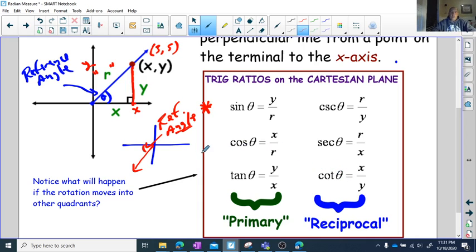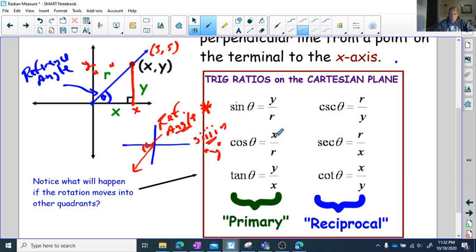I do have a little memory device that I've been using for years to keep track of this. If I say the word sine, psi, and drag out that middle part, it sounds like the letter y. So I know sine goes with y.